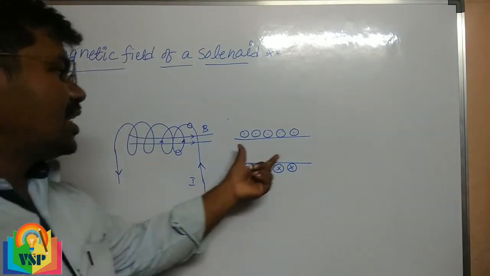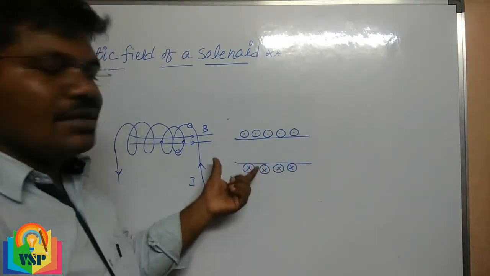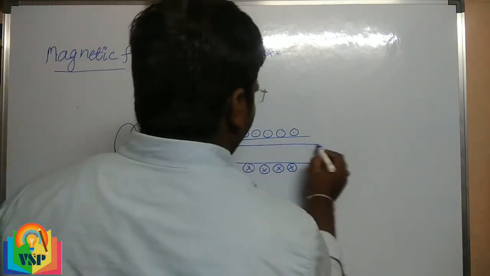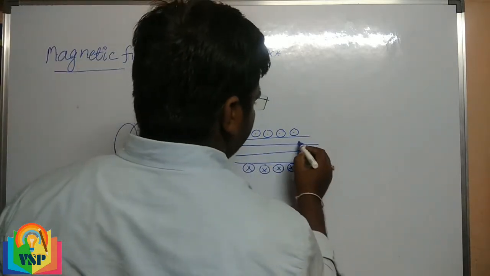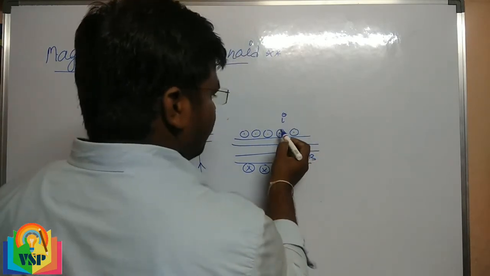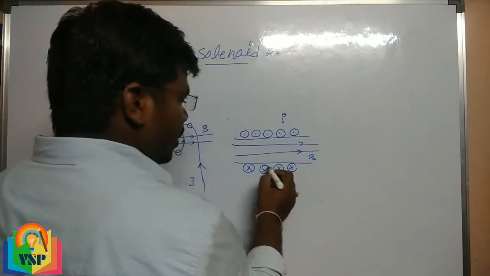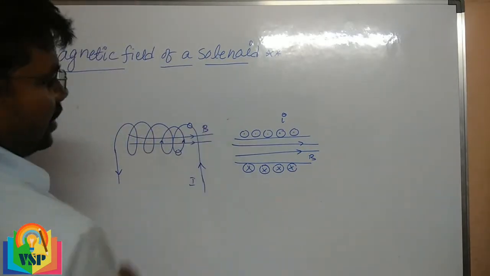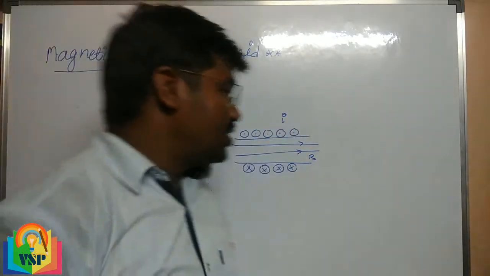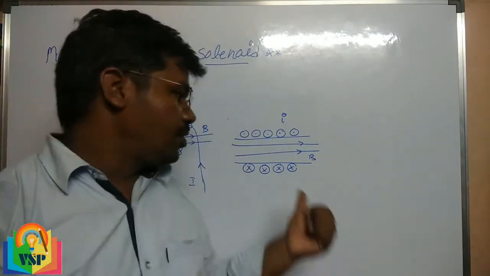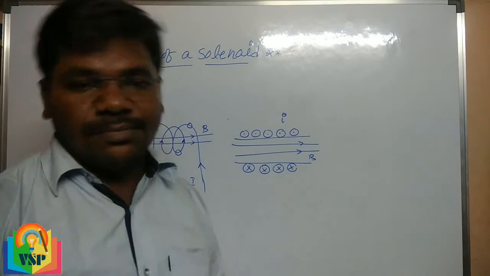The remaining lines are the magnetic field. This is current I out from the board and entering into the board, B like this. In this type of solenoid we have to find B.